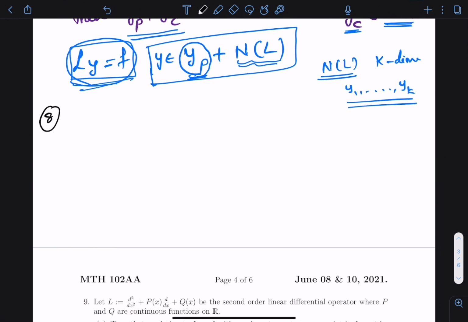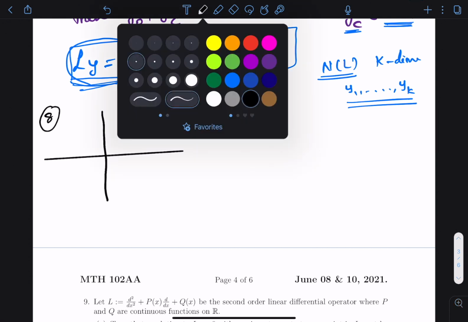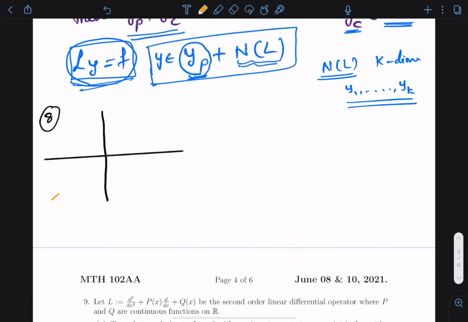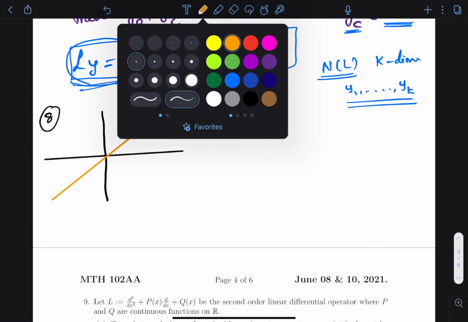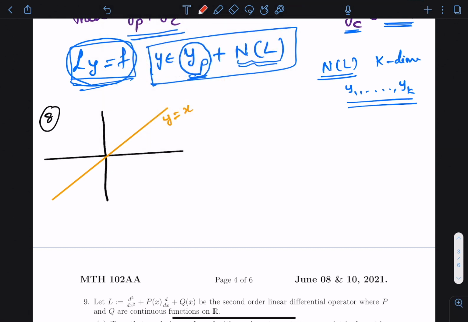So what is given is that we are given, let's call this the y equal to x line. Okay, and we are being asked to find a curve.